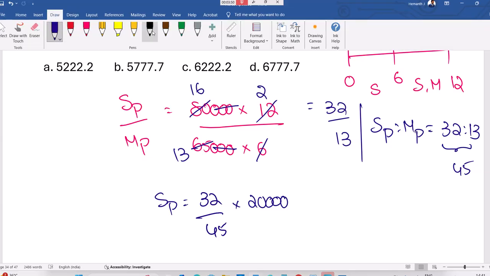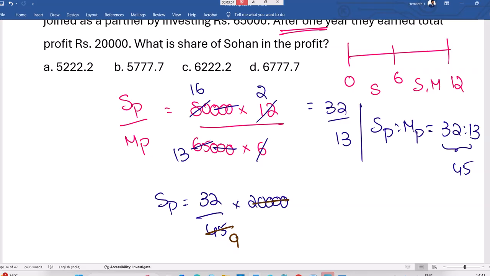Cancelling all this, 5 nines are 45, and 4,000, so the numerator will be 1,28,000 divided by 9. So when you divide by 9, 5 nines are 45, 5 fours.